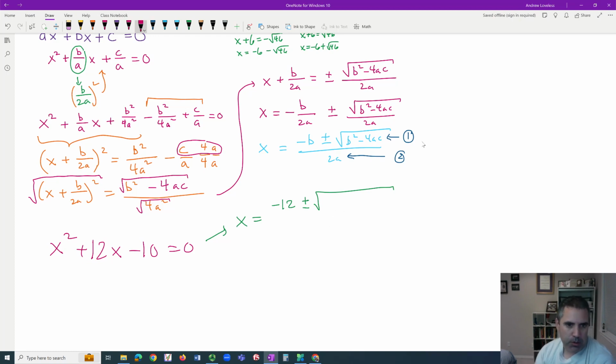So the thing I would be computing here, and I might even want to do it in the margins, is b squared, so it's 12 squared, 144, minus 4ac. So it's 4 times 1 times negative 10, all over 2a. In this case, a is 1, so I guess I cheated a little bit. But I would compute that, and then I would write down x is equal to negative 12 plus or minus.